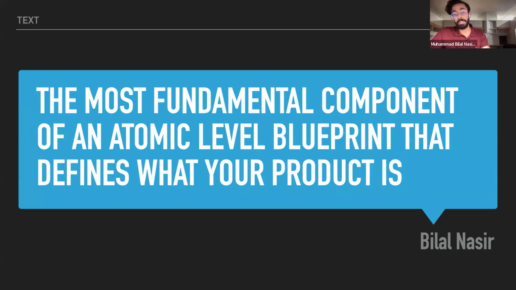और atomic level का मतलब ये है कि the amount of detail is supposed to be very granular. The amount of detail is supposed to go down into the depths, into the intricacies of what the entire product is. So it can't be very surface level. For example, the example we talked about was, as a user, I want to send a message on WhatsApp.